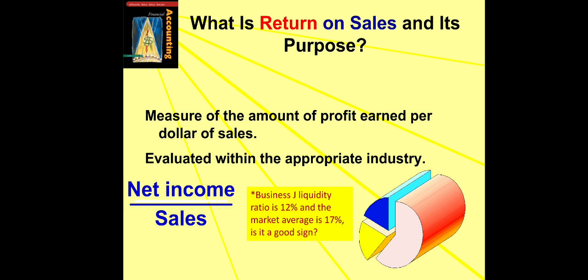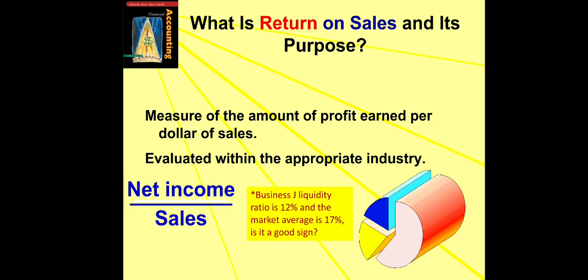You can see here, like I said earlier, for return on sales ratio, the higher the ratio, the better the business in terms of profitability. So in this yellow box, business J is not good because business J return on sales ratio is 12%, but the market average is 17%. So business J profitability is less compared to the average in the market.